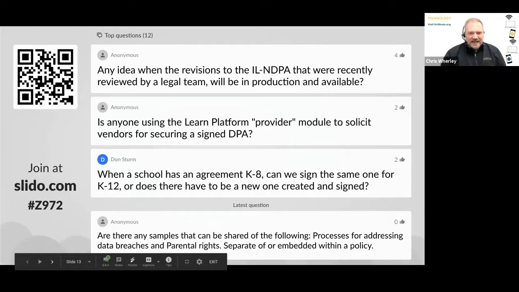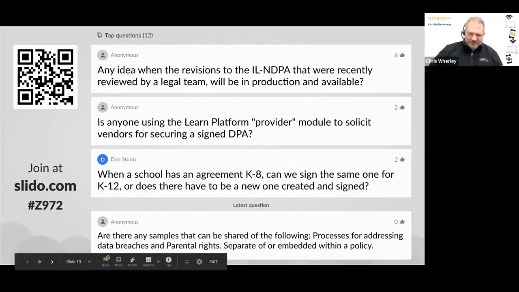Because what we want to have in place is an agreement that you, as technology people, as curriculum people, as assistant superintendents, as principals, can say, okay, this is the Illinois NDPA. Nothing's changed. This is the full agreement, and this vendor is saying that this is what they agreed to, and nothing's been changed.